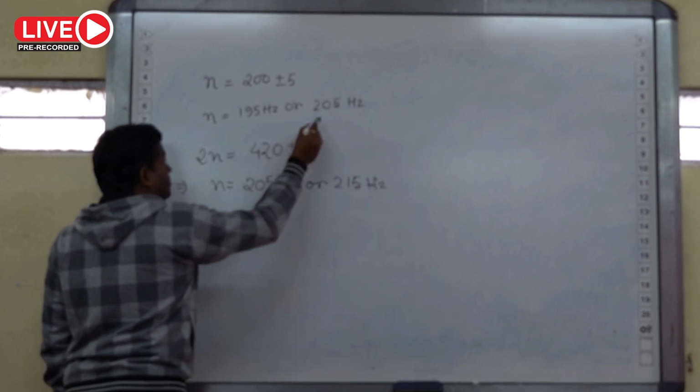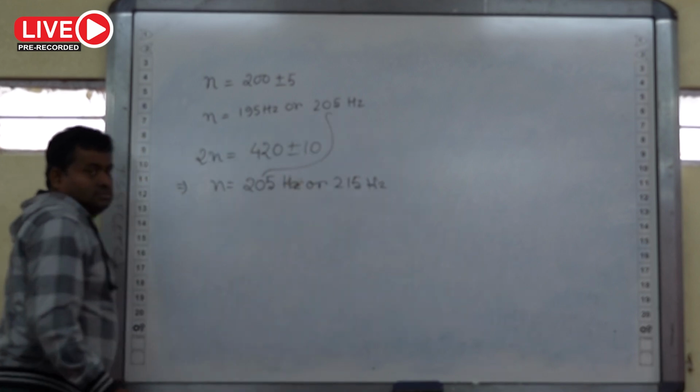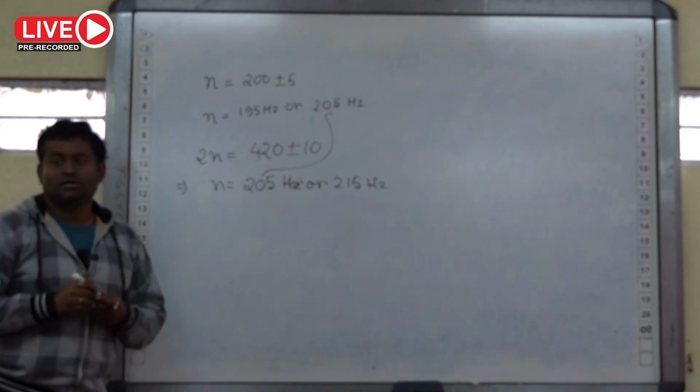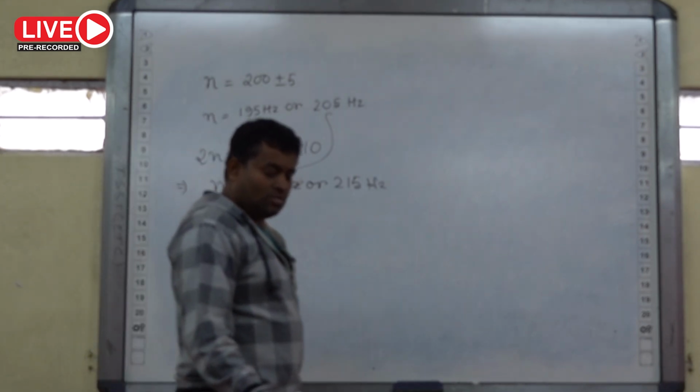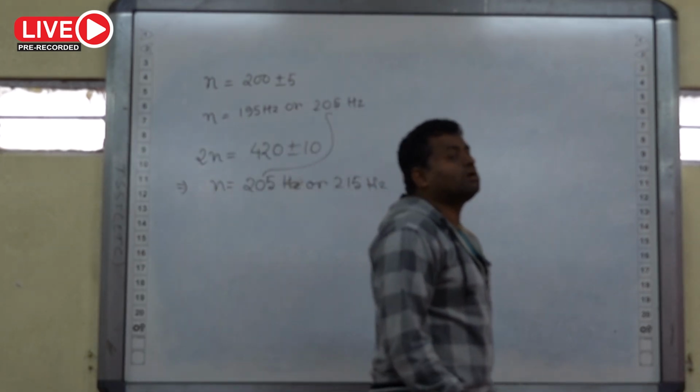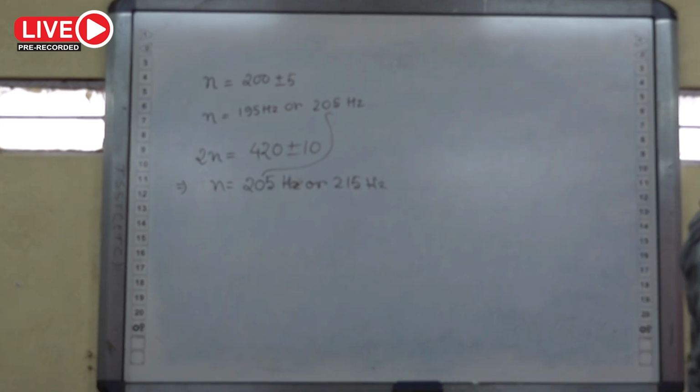So which one is common? The open pipe fundamental frequency is 205 Hz, because 205 Hz will satisfy both the first case and the second case.